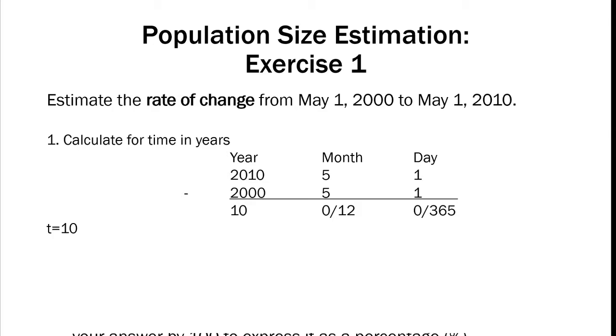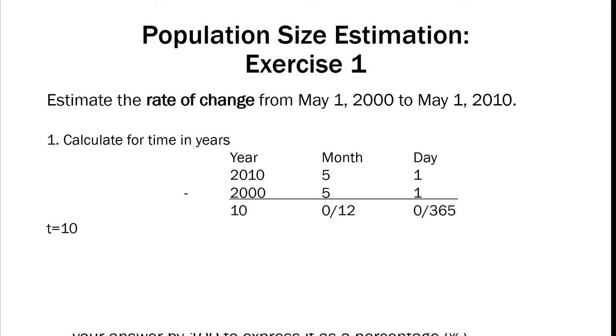So we have both May and both day 1. So for those components, if you'd be using this table that you see in the PowerPoint, you would have 0 for both month and day, and you'd only have a certain digit for year, and it is actually 10. So t here is equal to 10.